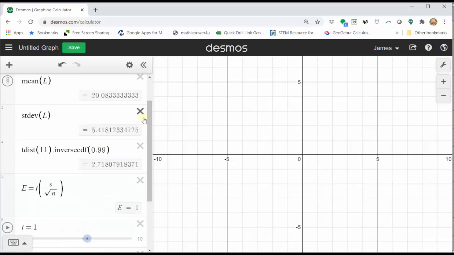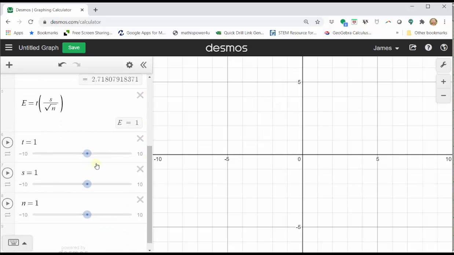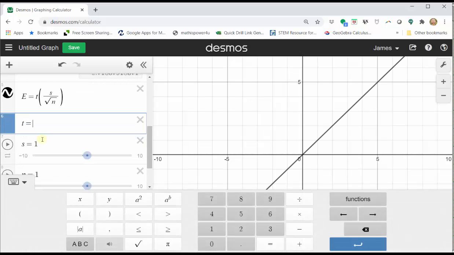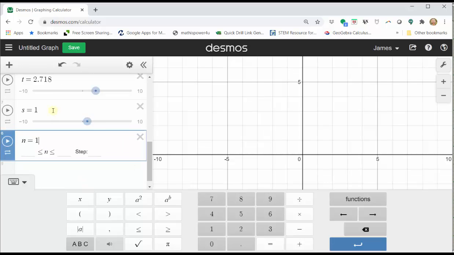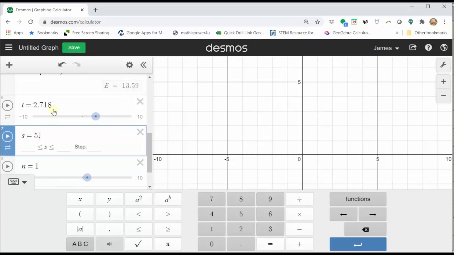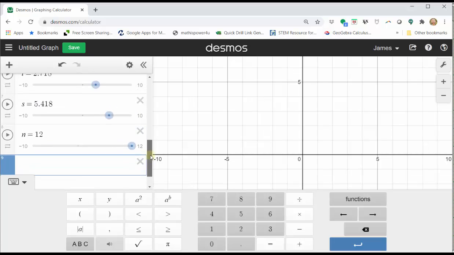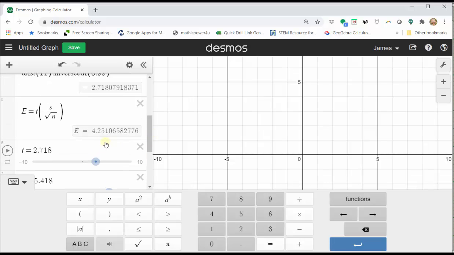Scroll down, and now we will enter the t-score, the sample standard deviation, and the sample size. T is 2.718, S is 5.418, and N, the sample size, is 12. Enter, and now if we scroll back up, notice how the error is automatically calculated, which is 4.251.